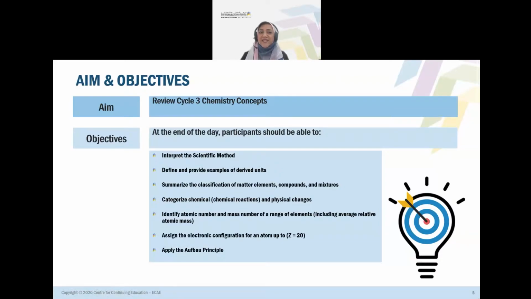Okay, so today's aim is to review Cycle 3 chemistry concepts that you find yourselves teaching in our schools.